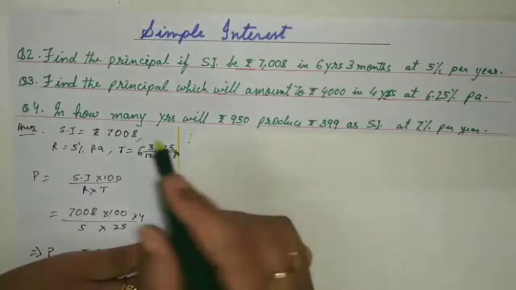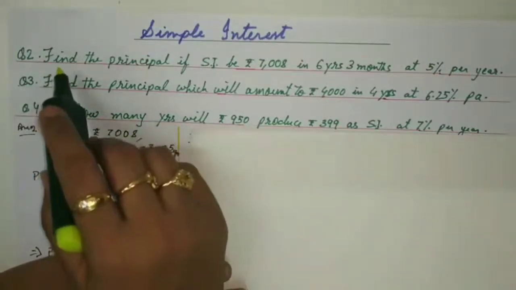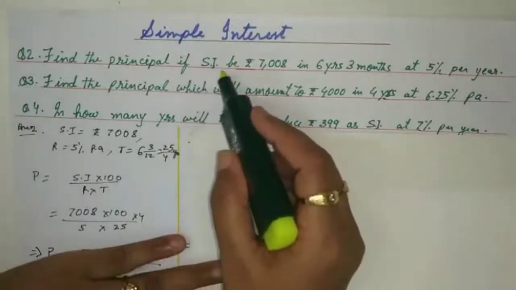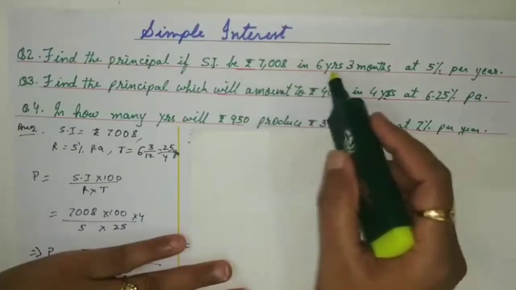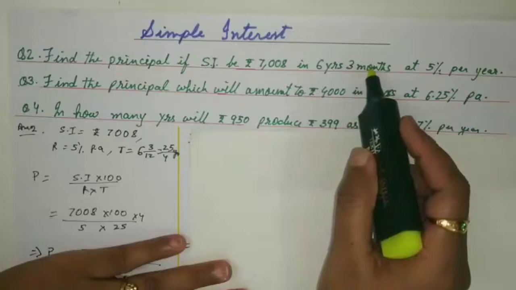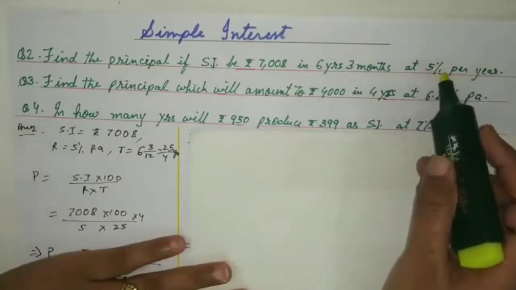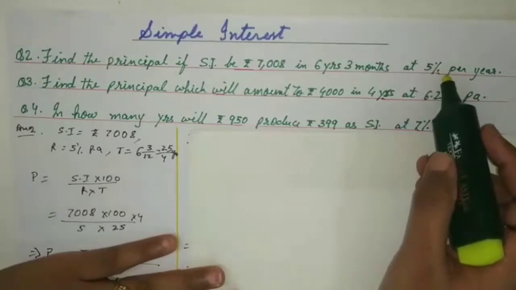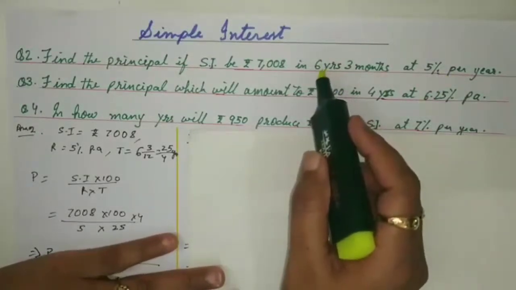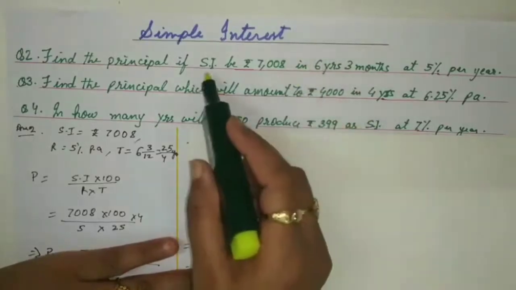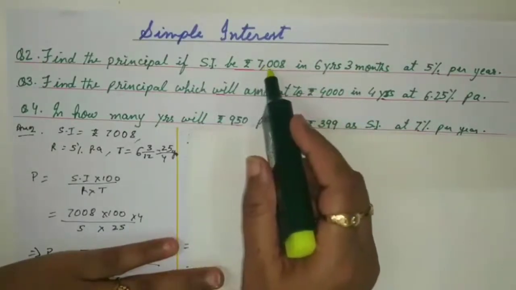Now the first question that I have taken for you is, find the principal if the SI be this much in 6 years, 3 months and 5% per year. So now the rate is per annum, that is per year, but the time is in 6 years and 3 months, which we have to convert into years, and the simple interest is given to us as 7,008.